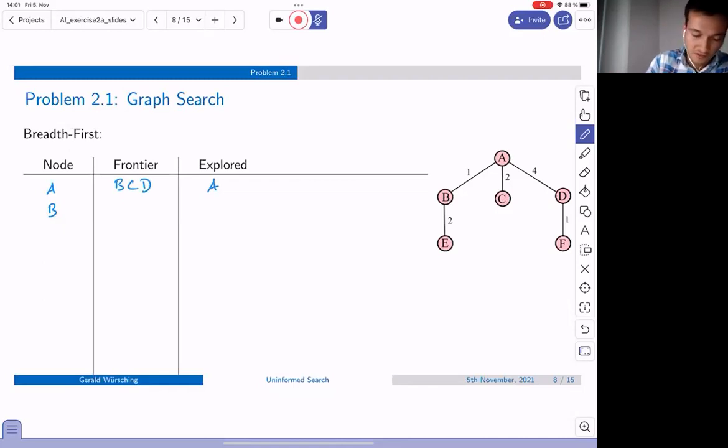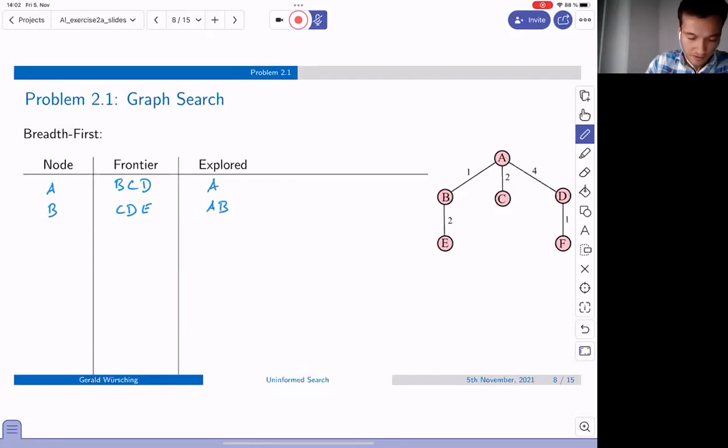We have CD left from the previous step, and we add the child node of B, which is E. So we have CDE as our frontier. And again, our explored set, somebody wrote in the chat already, very good. It's A and B.